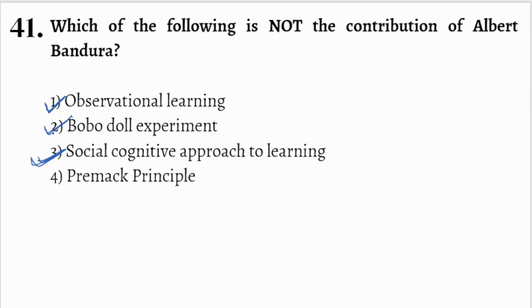So here in this question, Premack principle would be our correct answer, wherein we would contrast the situation and we would likely engage in a behavior that we find more enjoyable. So Premack principle was given by David Premack.